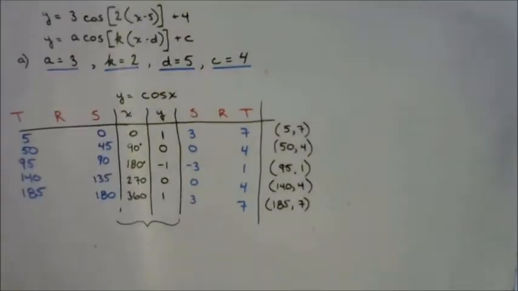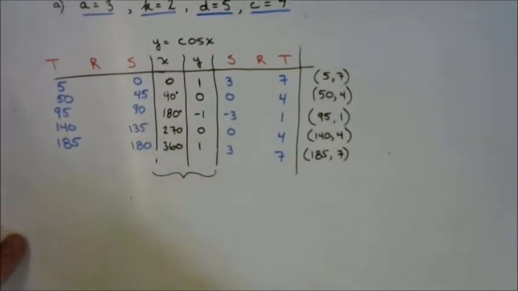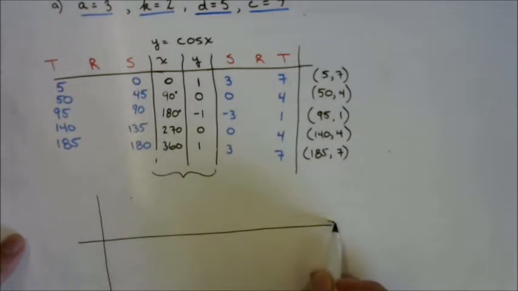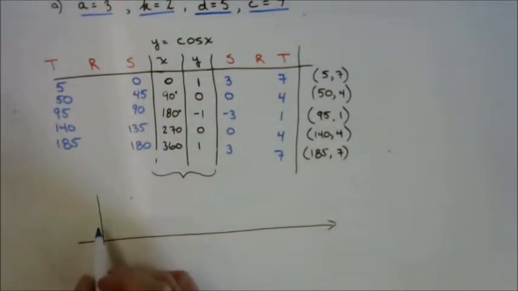Use black to draw your axes. You know what? I'm just going to do it on my book. Okay, so the original cosine function goes through the point 0, 1.